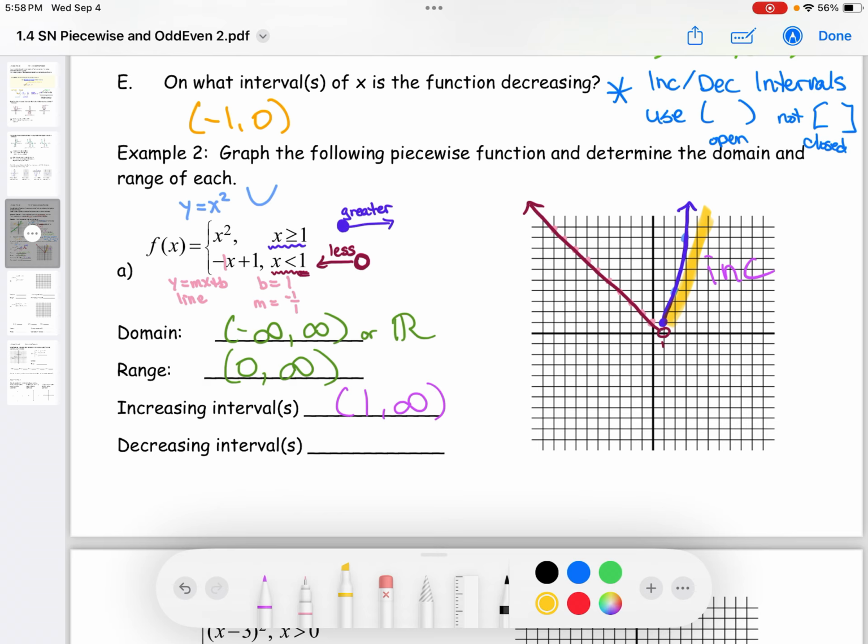Then the decrease: this left side of the graph is decreasing, starting on the left. As we go to the right, it goes down. So negative infinity until 1. And remember, we always use parentheses, not brackets, on increase-decrease intervals. So there's our piecewise function. There's our domain and range and increase-decrease.